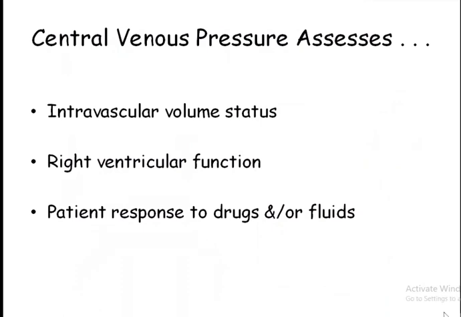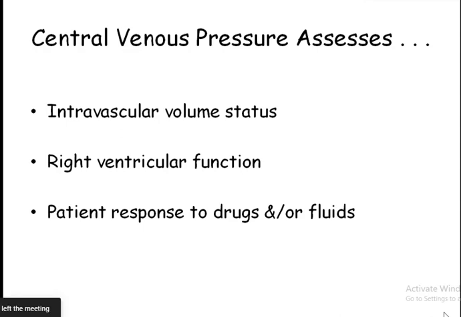So what does the central venous pressure tell? All the blood in the central veins is coming from the peripheries, so it will tell the intravascular volume status. If our CVP is very low, that means the patient is dehydrated, hypovolemic, so you have to administer fluid.